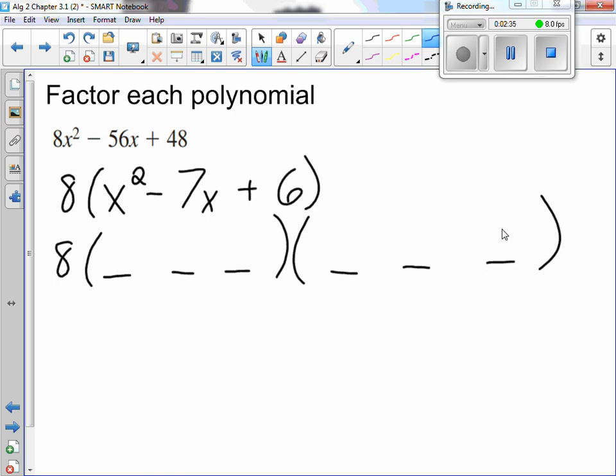Step 3. We're looking at the constant term. Is the constant term positive or negative? It's positive. Since it's positive, the signs are the same and they match the sign of the middle term. And the sign of the middle term is negative, so both of our signs are negative. It's a negative and a negative.